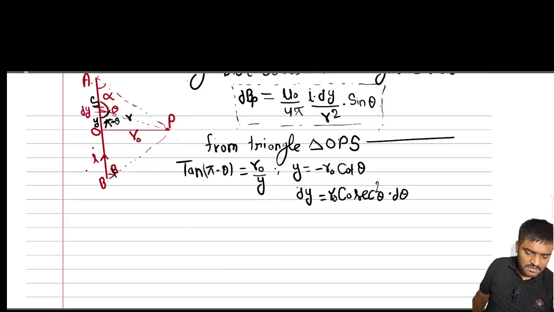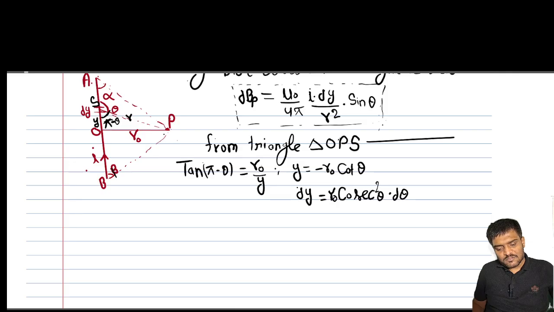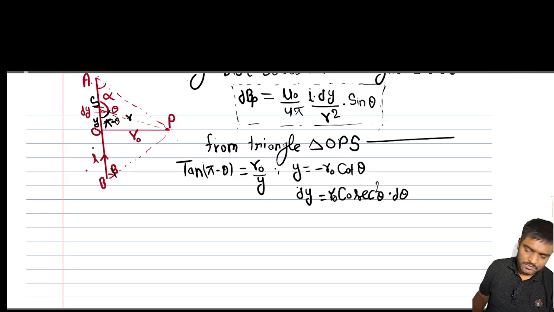Again, see the triangle OSP. We will calculate the value of r. So sine is perpendicular upon hypotenuse.